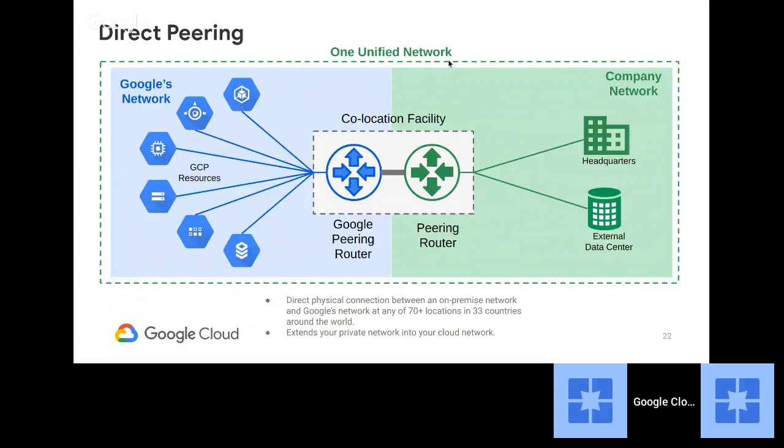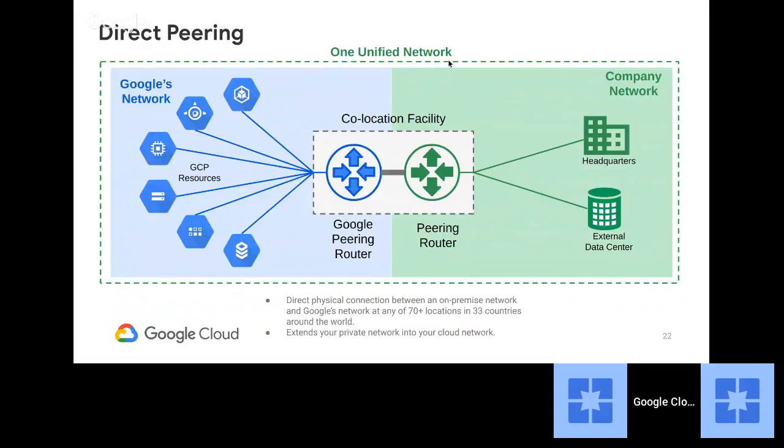Google allows you to create a direct peering connection between your network and Google's network. This is effectively the connection that you exchange your internet traffic with. The connection goes from your company network, either your headquarters or an external data center, through a peering router, which has the BGP routes shared with Google's peering router.